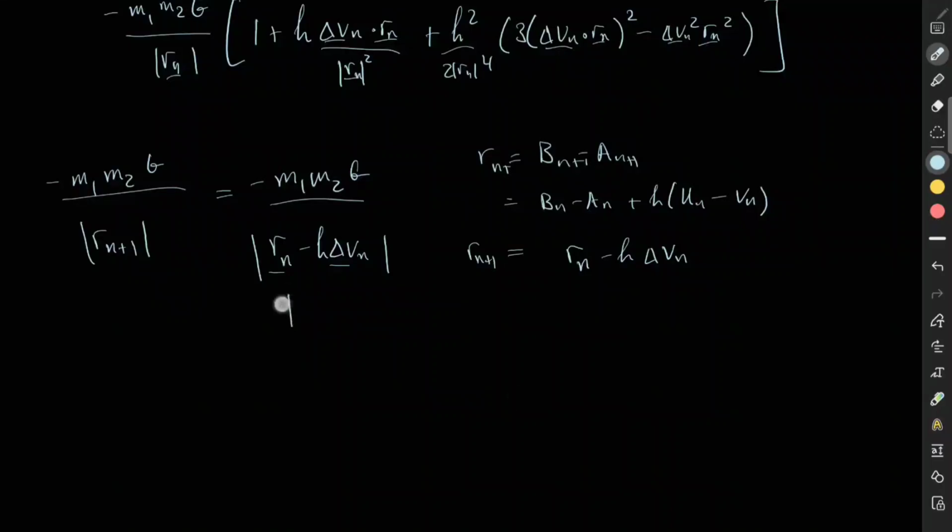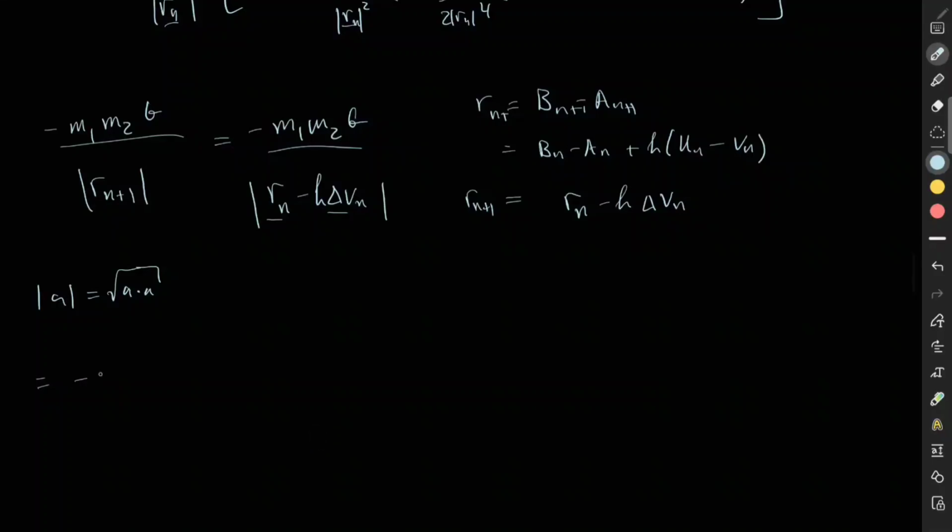Now, the only problem is that this is a vector, that's a vector, and Taylor expanding vector functions is a bit of a pain. So let's turn all of that into scalars. We're going to use the fact that modulus of a is the square root of a dot a.